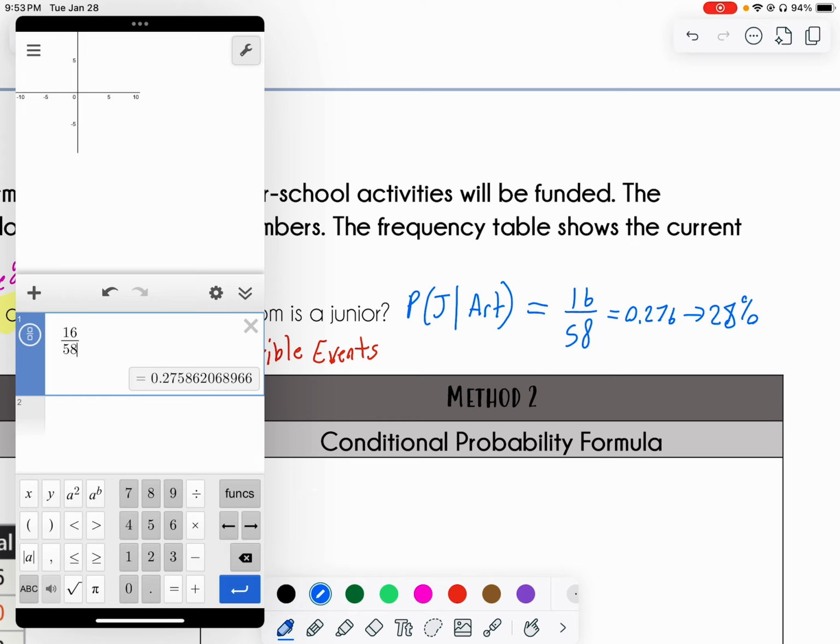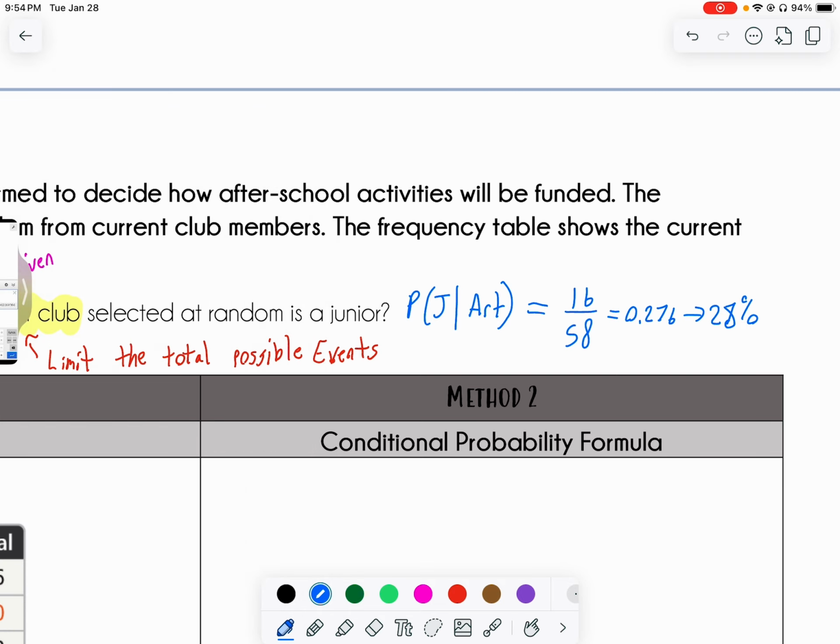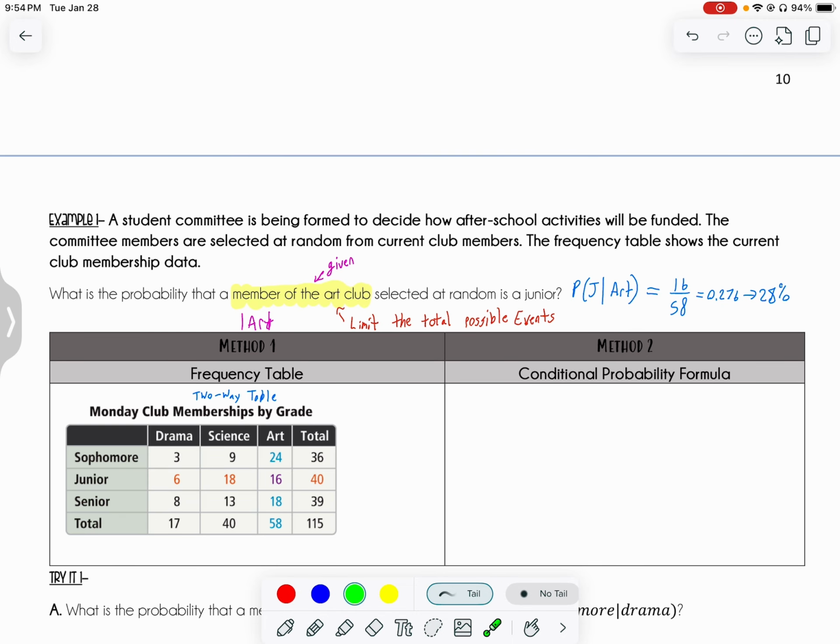So there's a 28% chance that if somebody's in art club, they are a junior. And notice how I keep saying that if somebody's in art club, that's because this is the given. If I know they're in art club, what's the probability that they're a junior? So notice how it limits the total possible events.